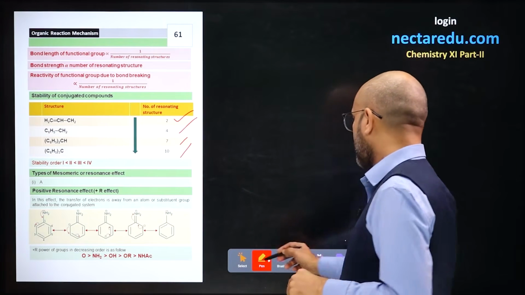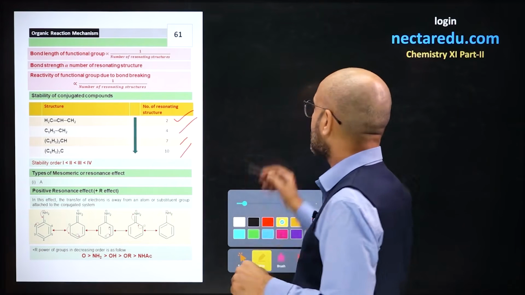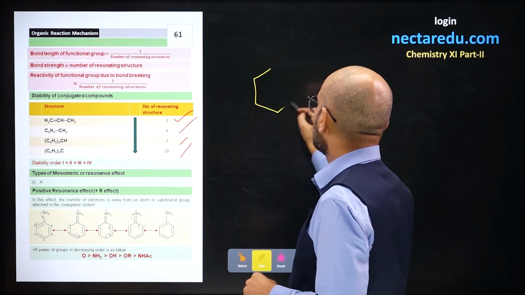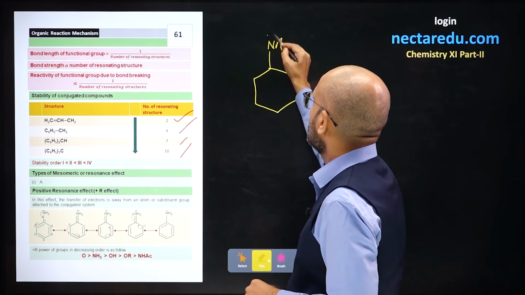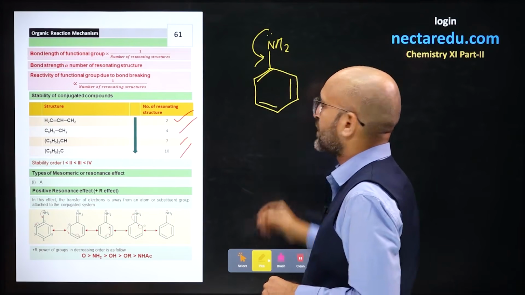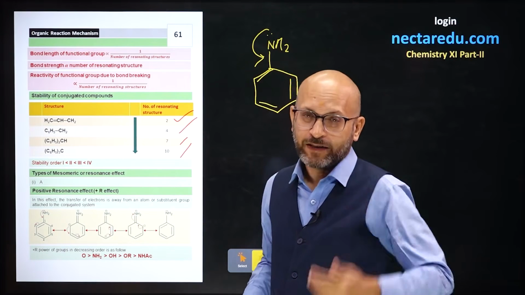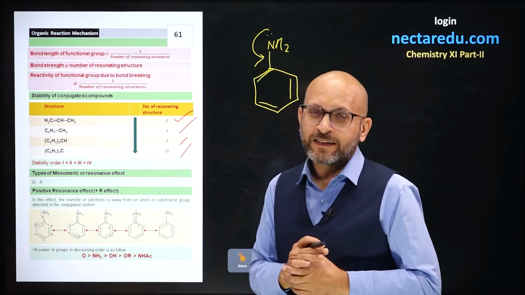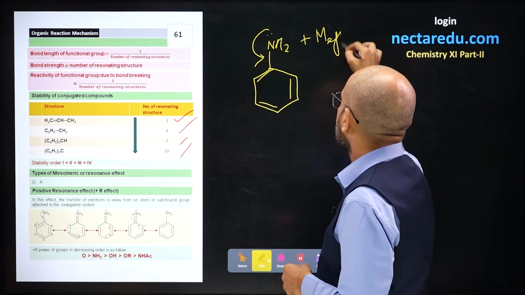For example, if I want to check whether NH2 has plus M or minus M, I will attach NH2 to a benzene ring. Now, since N has a lone pair, it gives the lone pair to the benzene ring. If a group of atoms is giving a lone pair to the benzene ring or the conjugated system, then the effect of that group is known as plus M effect.